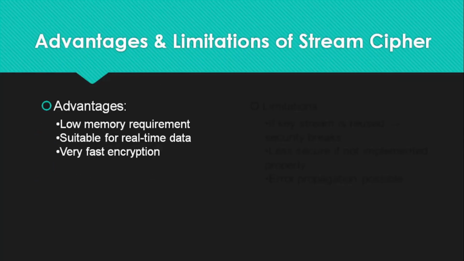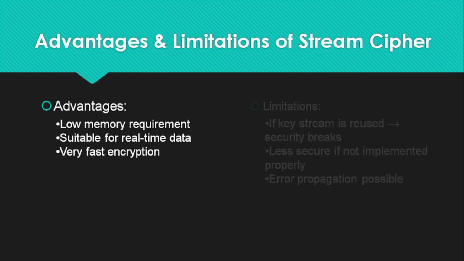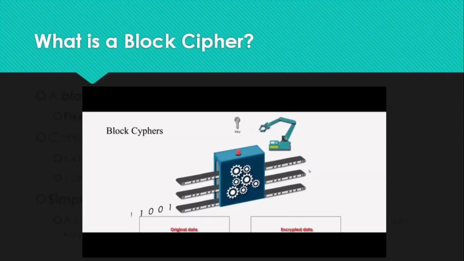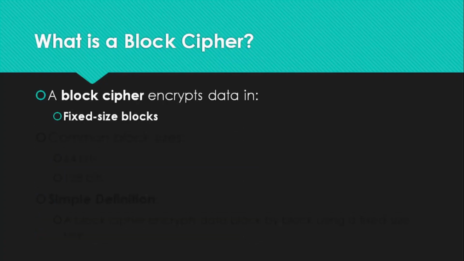Stream ciphers have several advantages. They are very fast, require very little memory, and are suitable for real-time applications. However, they also have some limitations. If the same key stream is reused, the security can be compromised, which makes proper key management extremely important.